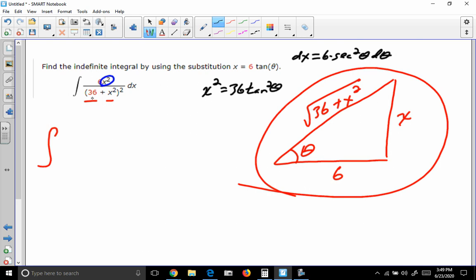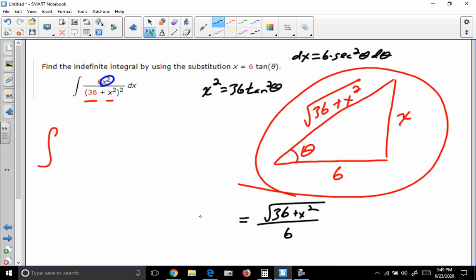Now about 36 plus x squared. So let's isolate the square root. Notice the square root over 6 is not adjacent over hypotenuse, which would be cosine; this is the reciprocal of cosine.